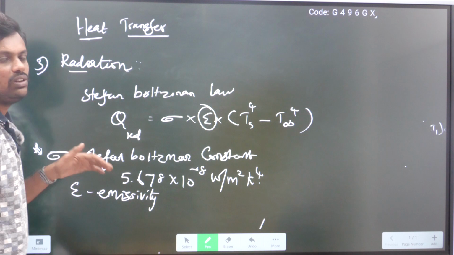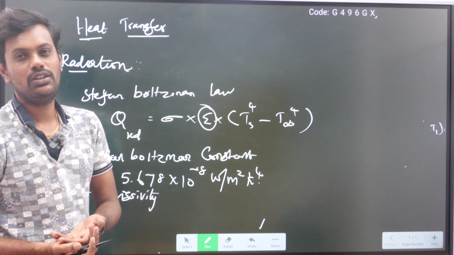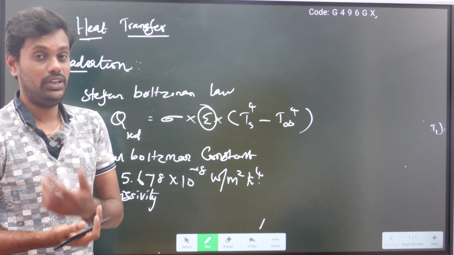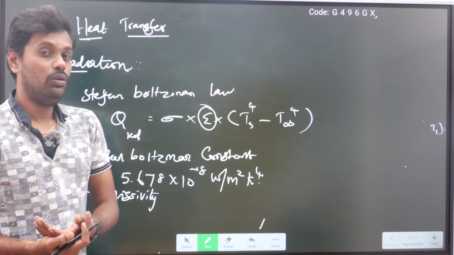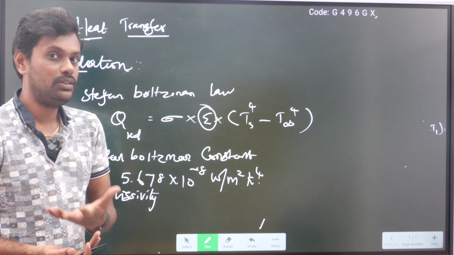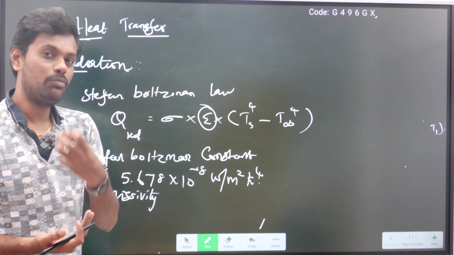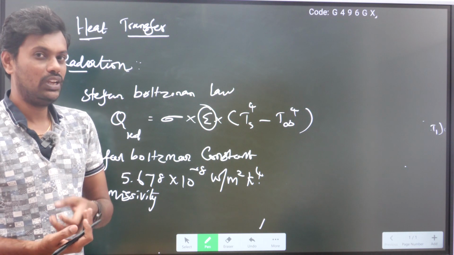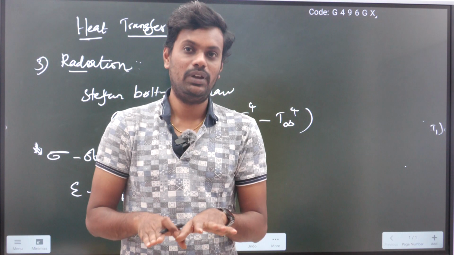That emissivity will vary with respect to the type of body, and it also depends on the roughness of the body. If the body is smooth or very polished, then there will not be much emission, so that body will absorb more heat. Emission is very low if the body is very polished, like a metal body.